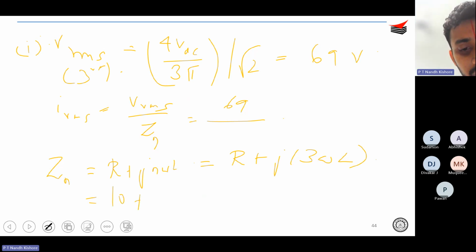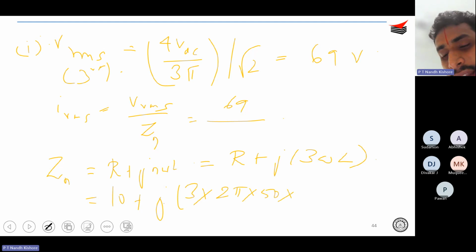That is 10 plus j into 3 times, if your frequency is, let's say, 50 hertz, then it is going to be 2 pi into 50 into L. L is 1 millihenry. Okay. So this is your Z. R plus j n omega L.